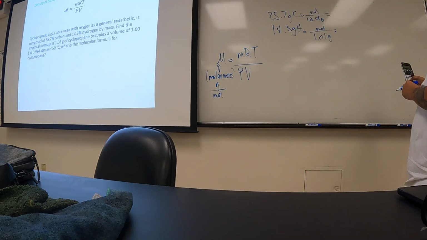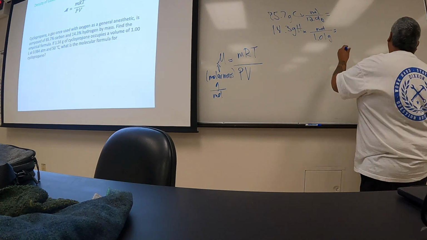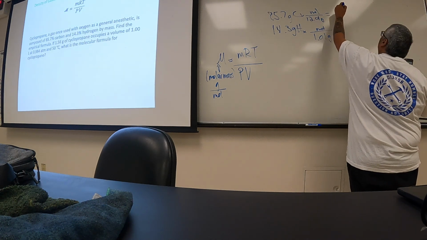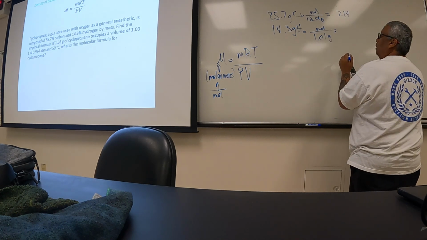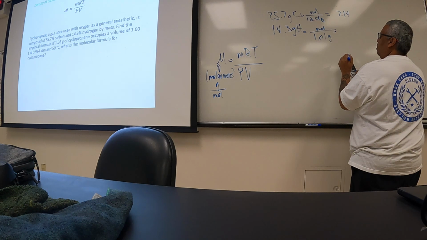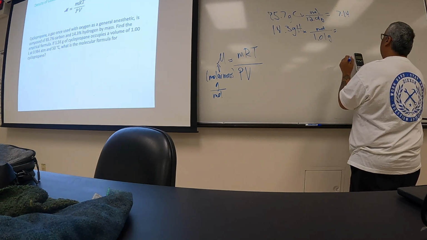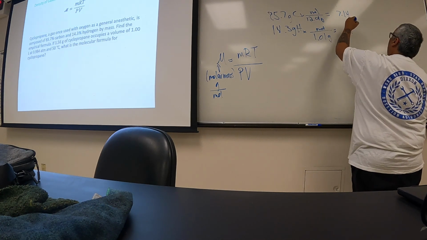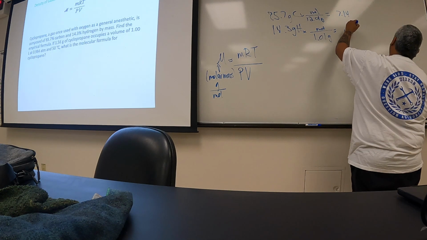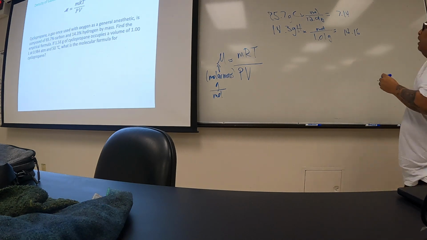So 85.7 divided by 12.01 is 7.14, and then we have 14.3 divided by 1.01, and that gets us 14.16. So these are the amounts of moles that we have.